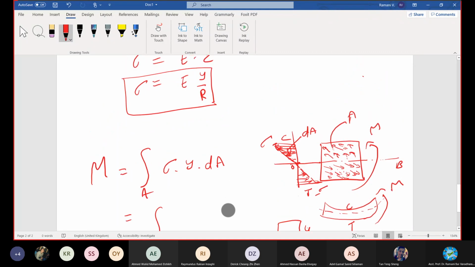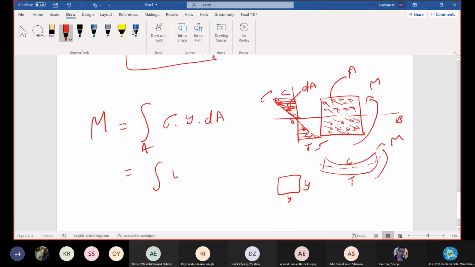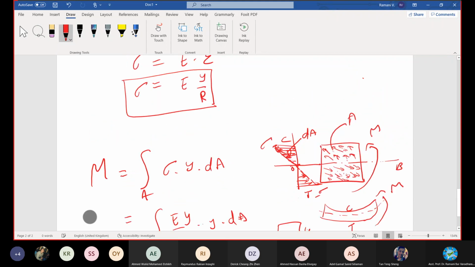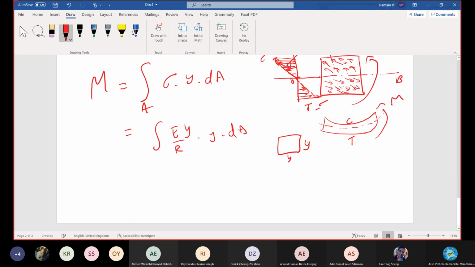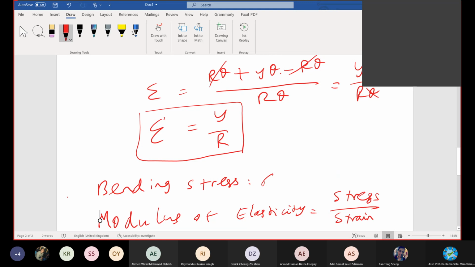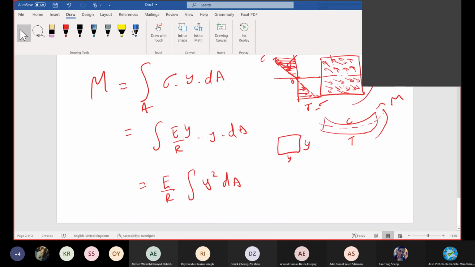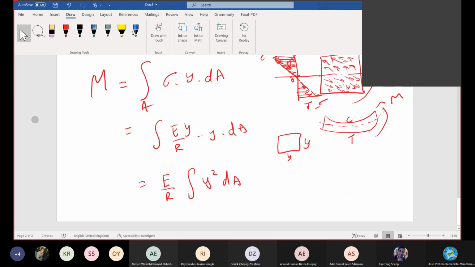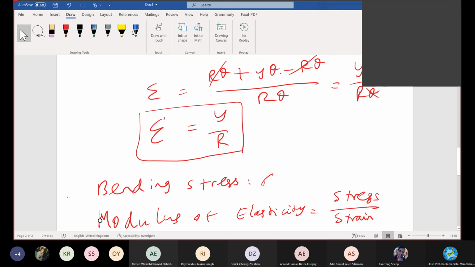Substitute for stress value, it will be E y over R, and then there is another y, another dA. I just substitute the value of stress. Okay, you end up with E over R times y square dA. This way also you can define it. Either way is okay, just for understanding only. Please stop me if it is not clear anywhere. I'm just substituting the value, we got it.